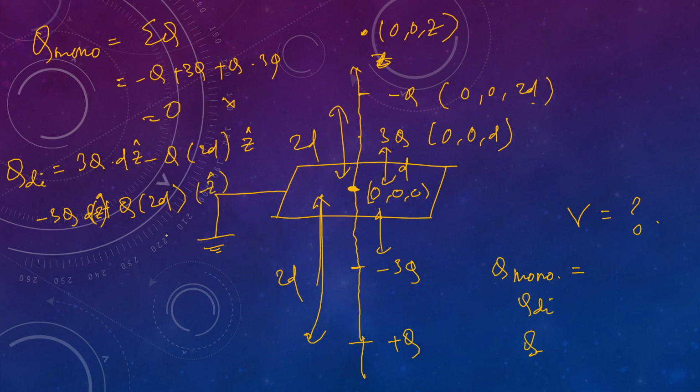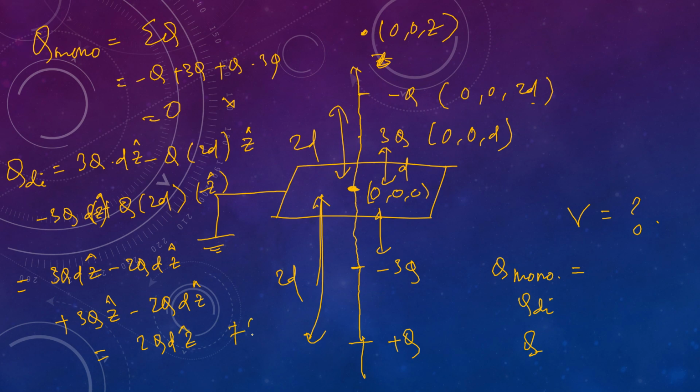Yeah, that's right. So that will be 3qd z cap minus 2qd z cap plus 3qd z cap minus 2qd z cap. Is that all right? Here this is 6 minus 4, so 2qd z cap. So the q dipole is not equal to 0. The q dipole exists.